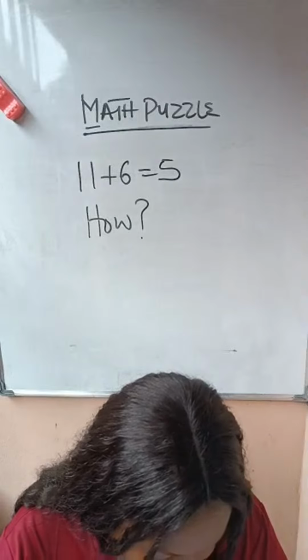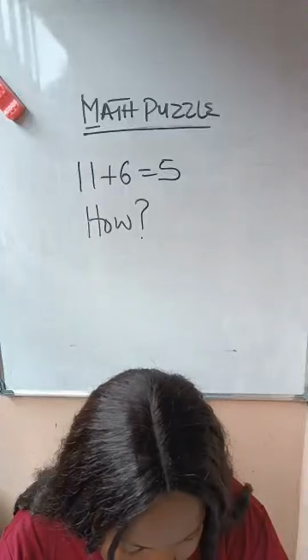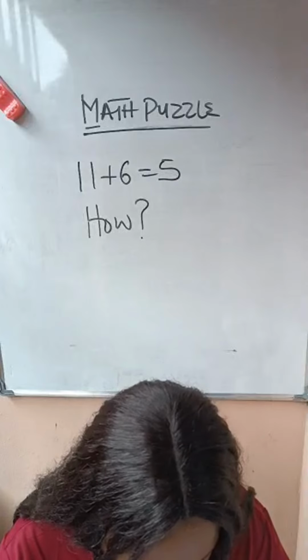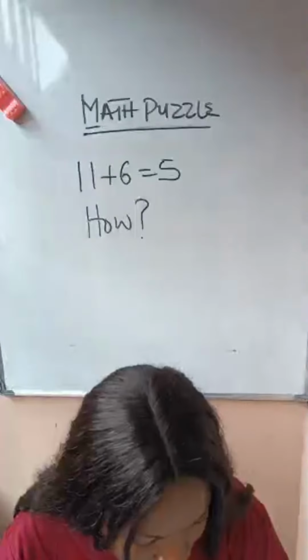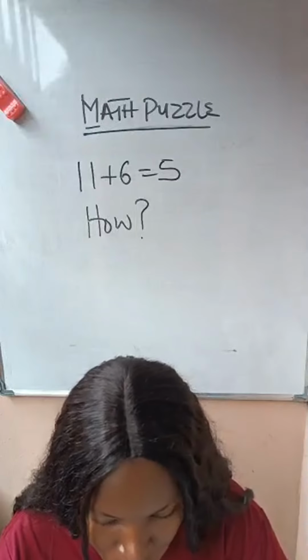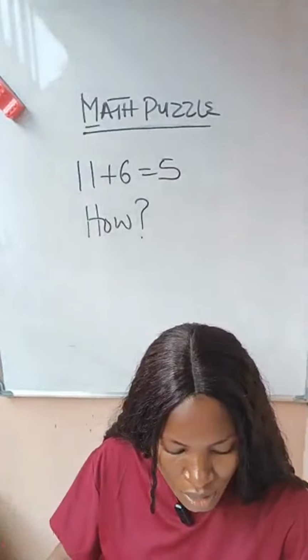No, the way it is, it's correct. Razvin, it is correct the way it is. 11 plus 6 is equal to 5. How is this correct? So this is right. There's nothing like negative 6. No, it is correct. How is this possible? It is a math puzzle. So tell us how.